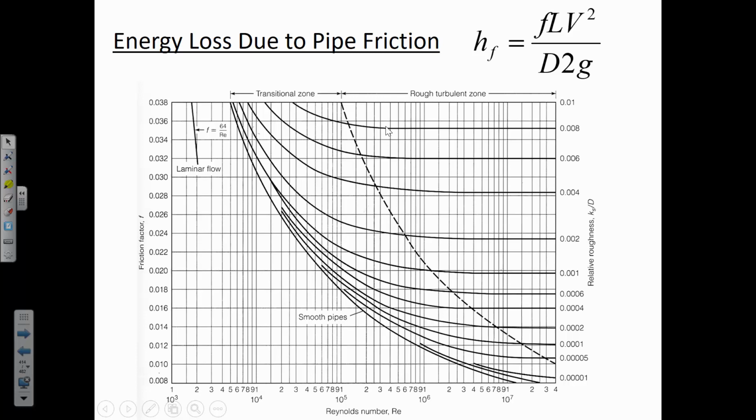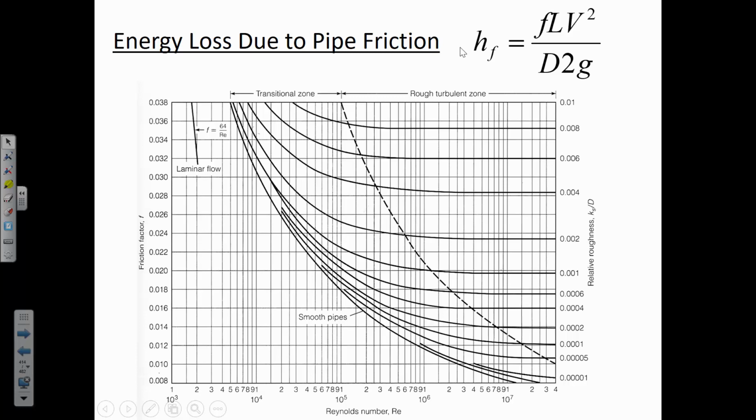How do you know if your guess is high or low when you get it? So what we would do is, if we initially guessed, remember in this example I said 2 meters per second. So with a guess value of the Reynolds number, we could come up with a friction factor, and then we would put it into this H sub f, and then we would use the H sub f in the energy equation.